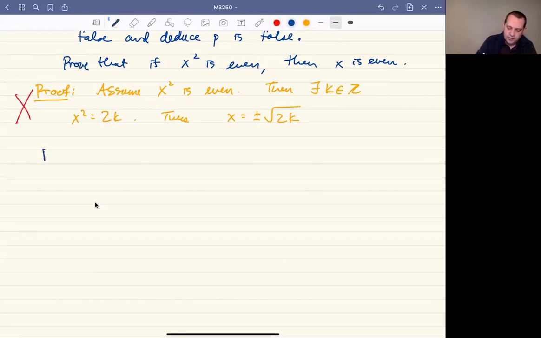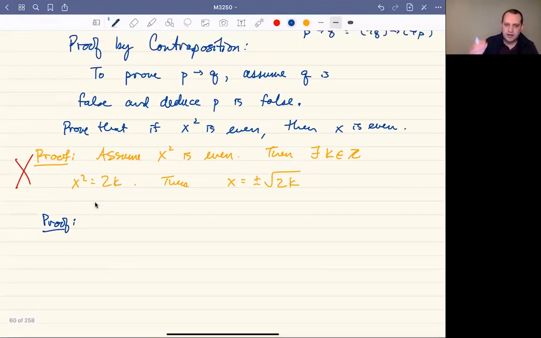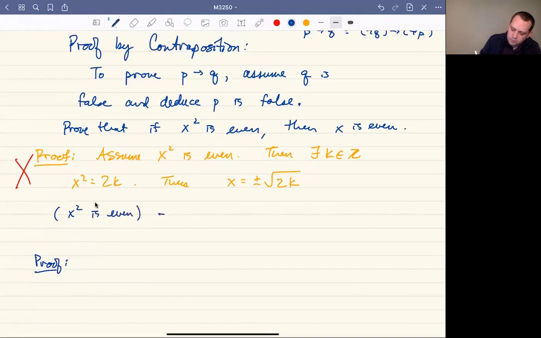So what we have to do is prove the contrapositive. Let's think about what the contrapositive is. Here our statement is that if x squared is even, that implies that x is even.